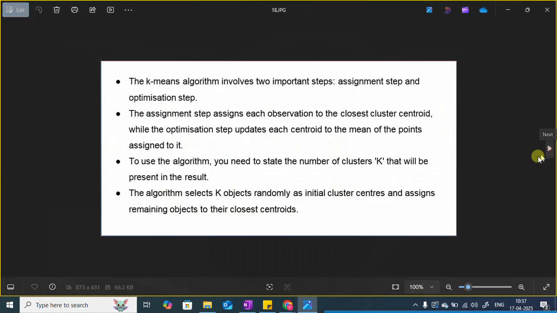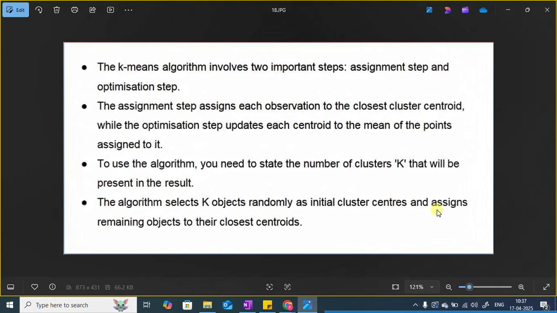Now, the k-means algorithm involves two important steps. First one is the assignment step, second one is the optimization step. What is that assignment step? Under the assignment step, we assign each observation to the closest cluster centroid, while the optimization step updates each centroid to the mean of the points assigned to it.